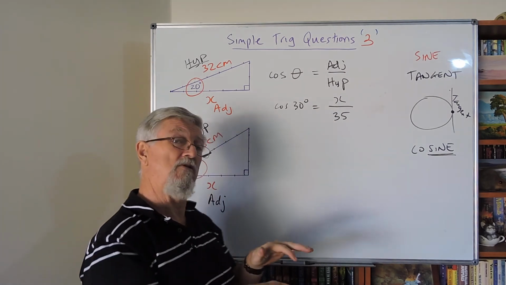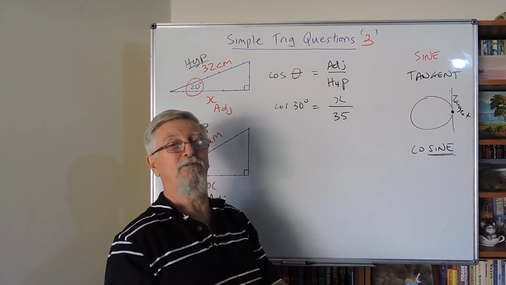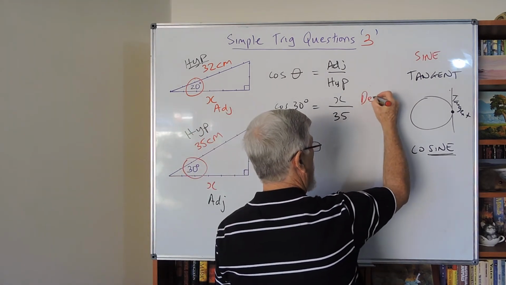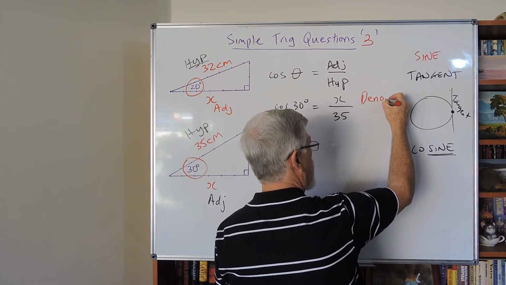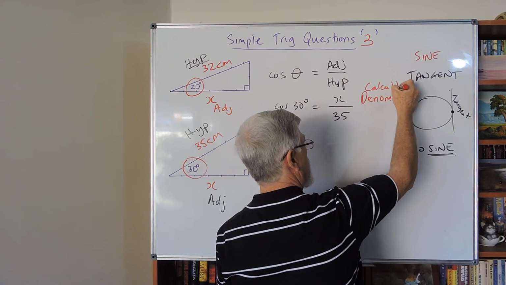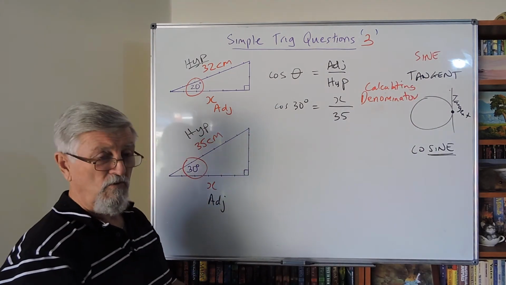So instead of teaching you different equations, I want you to learn more about trig before you do the different types of equations. So we're looking all the time now when we're finding or calculating the denominator. That makes the equations all work the same.